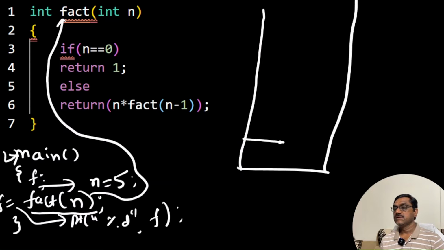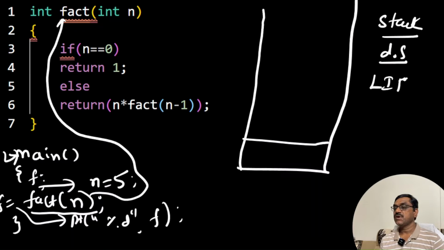Carefully see this. I will explain what is meant by the stack. Stack is a data structure which uses the concept of last in, first out. In detail, we will see at the time of discussing data structures. Now, what I want to say is that the execution of recursion uses the concept of the stack.